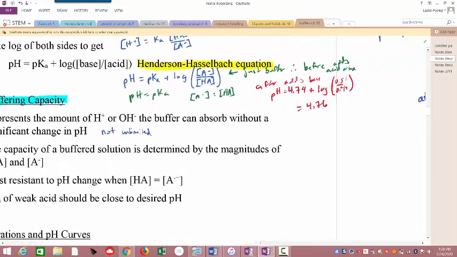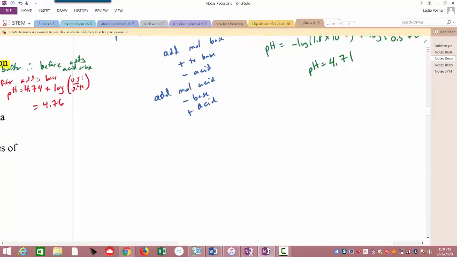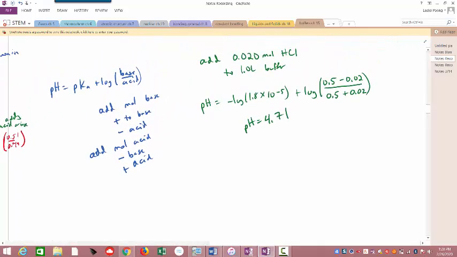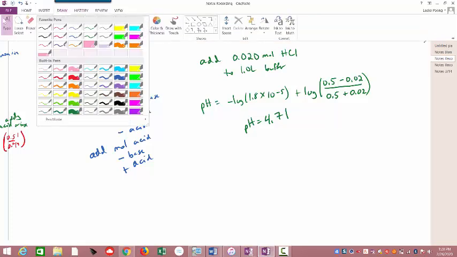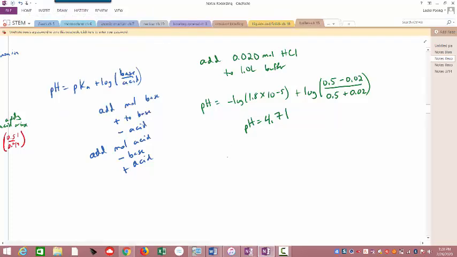So if we come over here and look at where we added 0.02 moles of HCl. Well, what if we add 1 mole of HCl to 1 liter of the buffer?